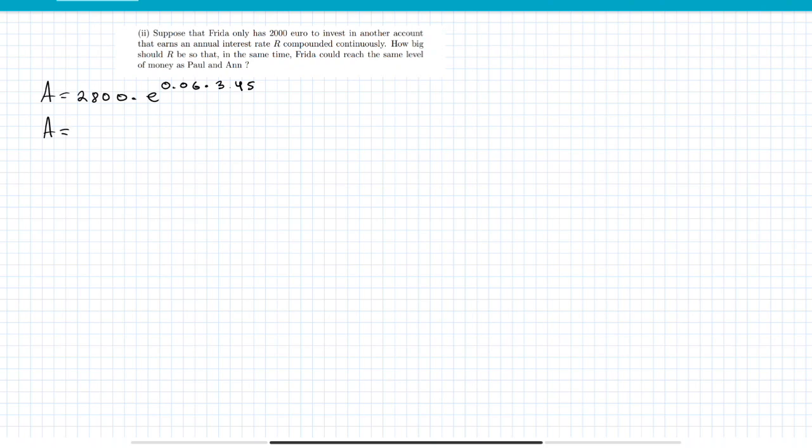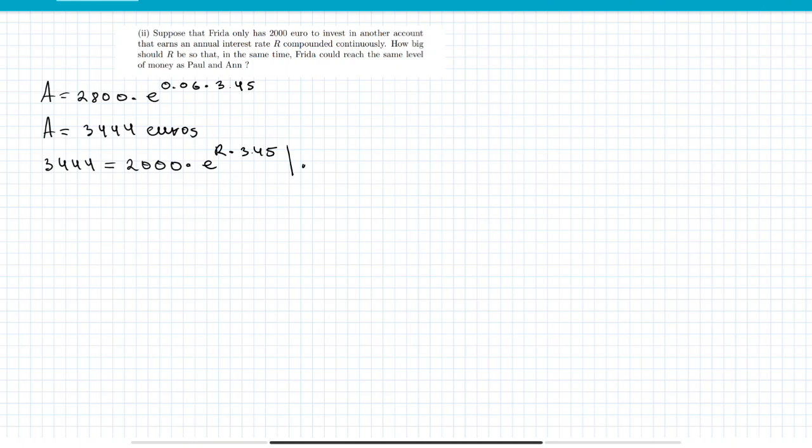I already calculated this value, and it will be around 3,444 euros. It's always approximate values. So it means that Frida has to earn 3,444 euros by investing 2,000 euros multiplied by some certain interest in the same amount of time.